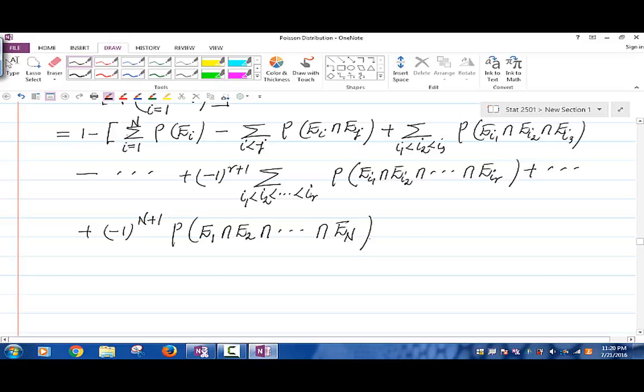So this is simply by applying the inclusion-exclusion principle.